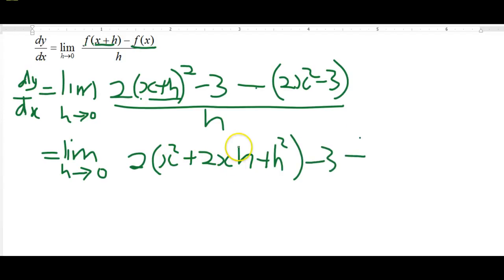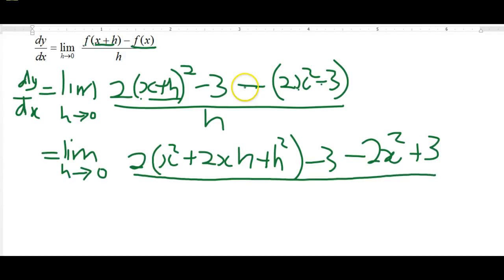Then minus this will affect this to give you 2x squared, then negative negative, so plus 3, all divided by our h.